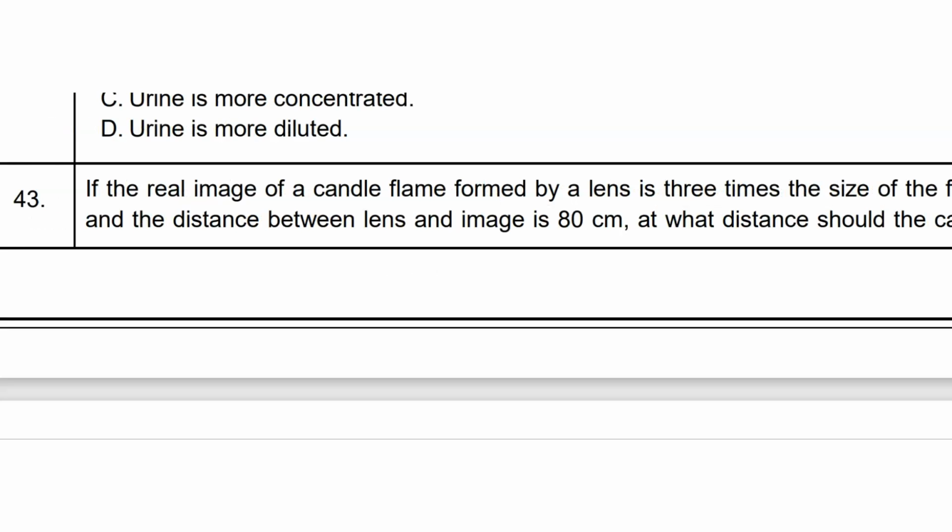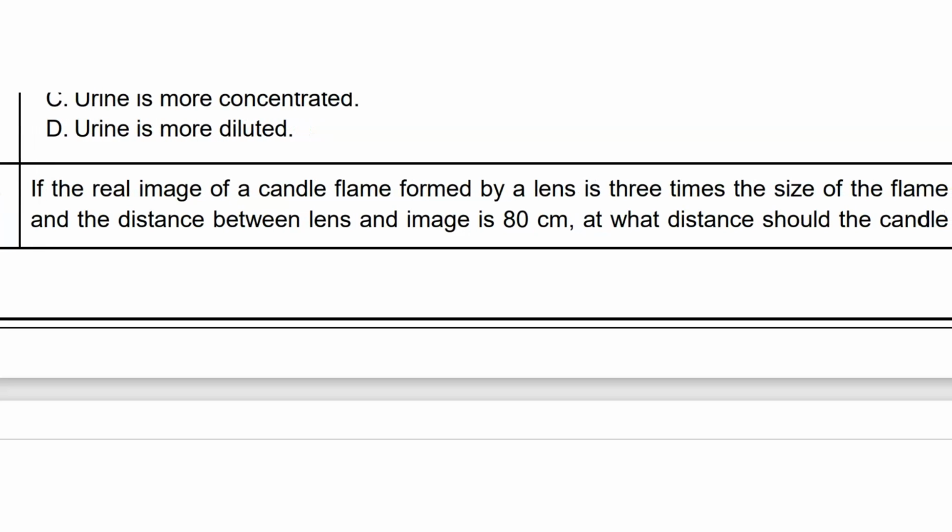Let's see question number 43. What they have given is, if the real image of a candle formed by a lens is 3 times the size of the flame. So let us mark the important words. The image formed is the real one, that is the first hint. So the real image of a candle flame is 3 times the size of the flame.